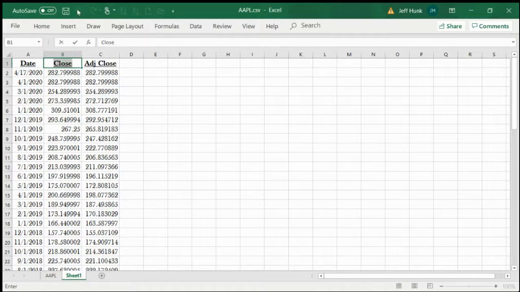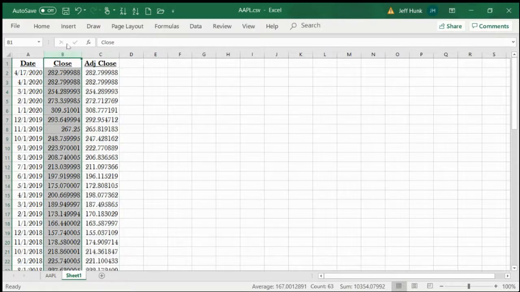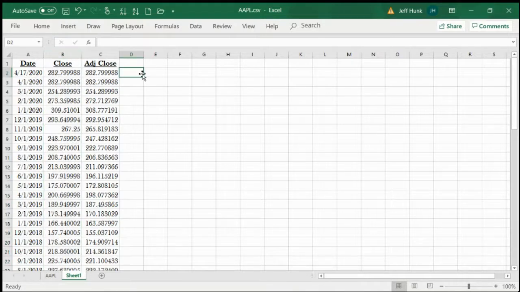No, I'm going to do that next time. So actually, the data we're going to use is adjusted close. That will be our discussion in our next class. Okay, so that's it for today.